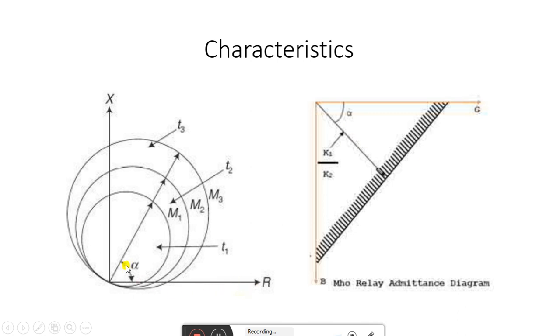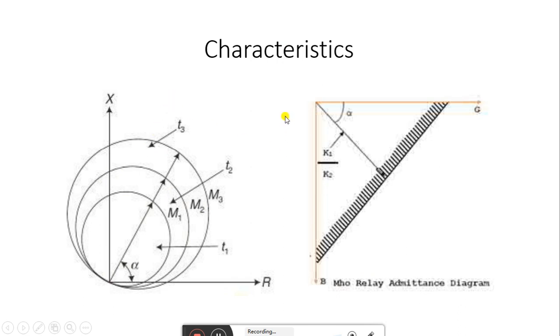Here this is the RX diagram, the characteristic diagram, which has been shown here, that for each value of admittance, various circles are drawn which are passing through the origin. So if the value of this admittance lies within these circle ranges, then the operating torque will be greater than the restraining torque, and the relay will operate, otherwise the relay will not operate.